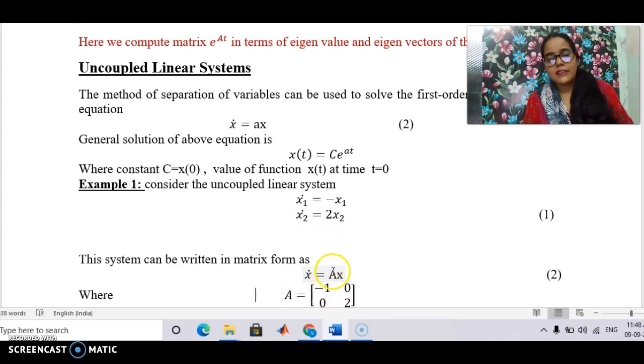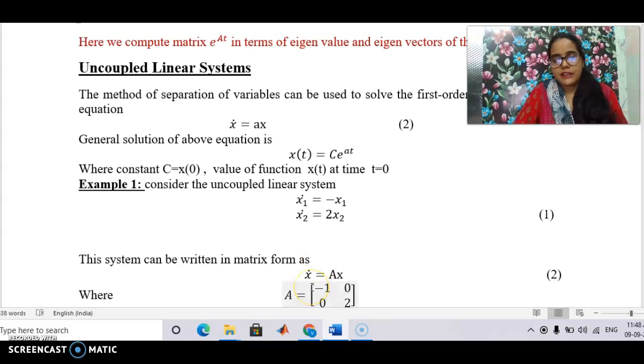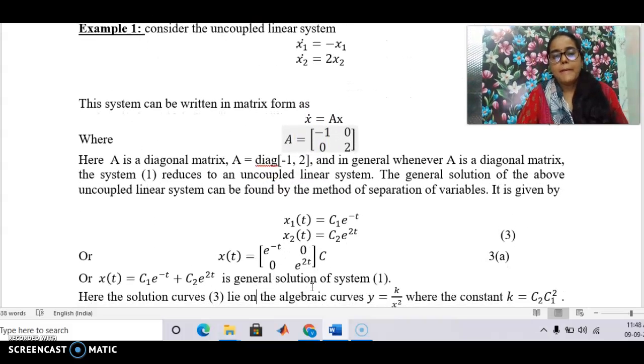For A, the coefficient of x1 is minus 1, so minus 1. The next term, plus 0 of x2, so 0. Then 0 of x1, the next term 0, and the coefficient of x2 is 2, so 2. A is the coefficient matrix having elements minus 1, 0, 0, 2.